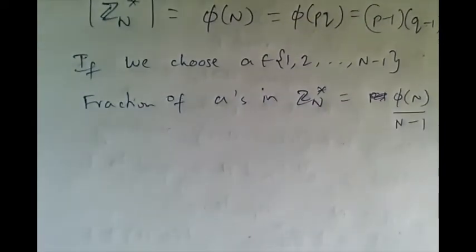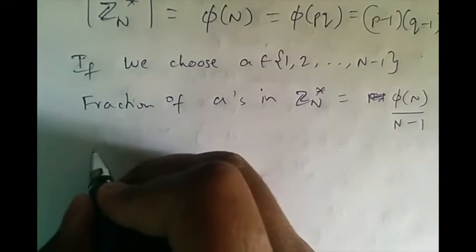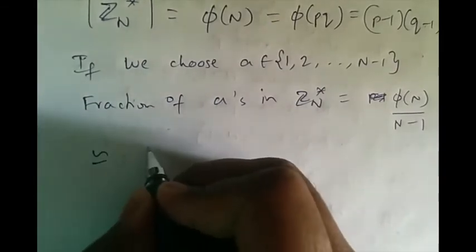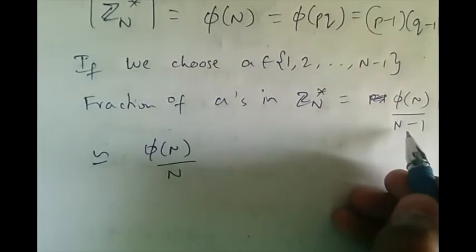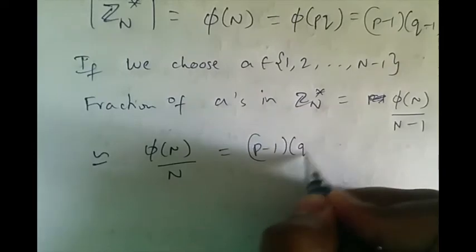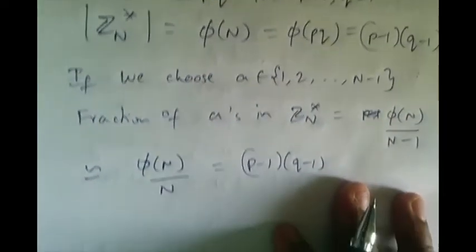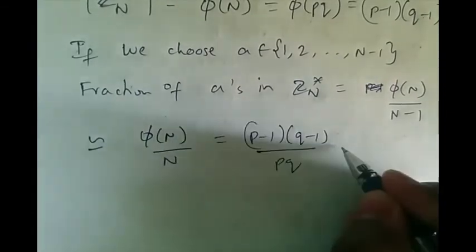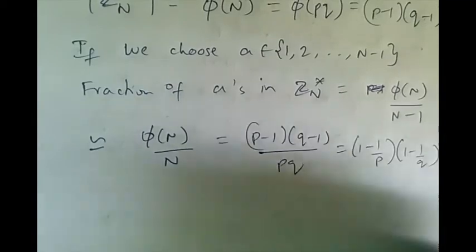If you have n which is large, because for small n anyway we don't need to do primality testing, this is approximately phi of n by n. I'm just replacing the n minus 1 by n. So this will be p minus 1 into q minus 1 over pq for the special case of n equals pq, which is 1 minus 1 by p times 1 minus 1 by q.